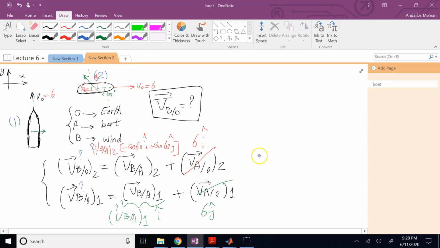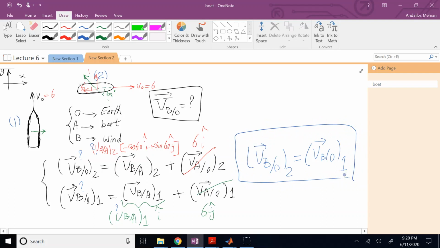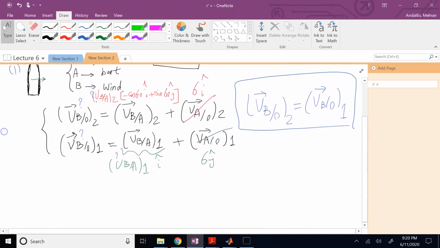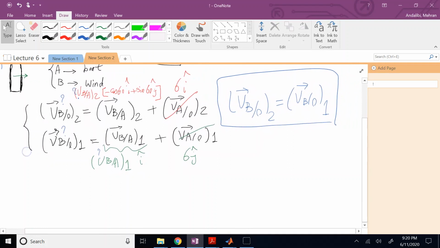I know that V of B with respect to O in position 2 is the same as V of B with respect to O in position 1, because the direction of wind with respect to the ground has not changed. It's the position, the orientation of the boat that has changed, and because of that, the relative wind velocity with respect to boat has changed direction.